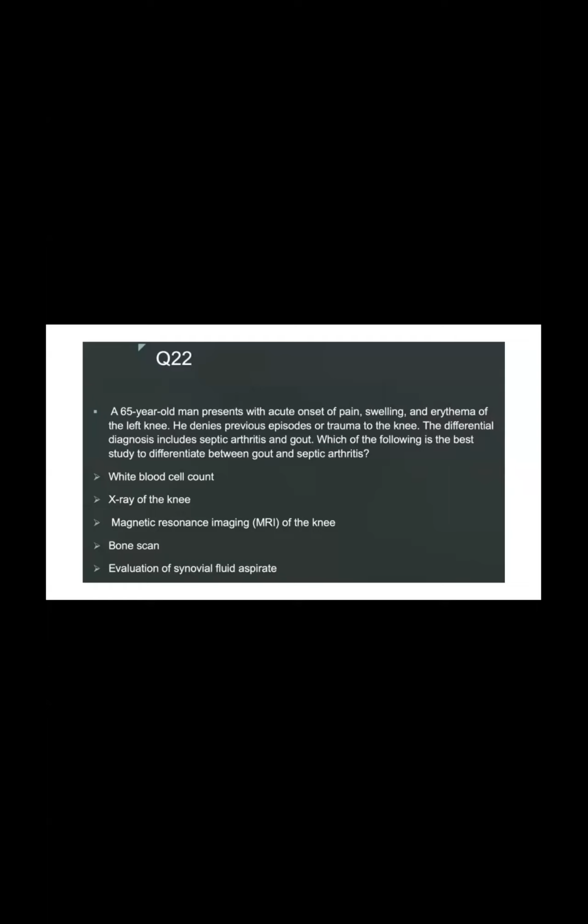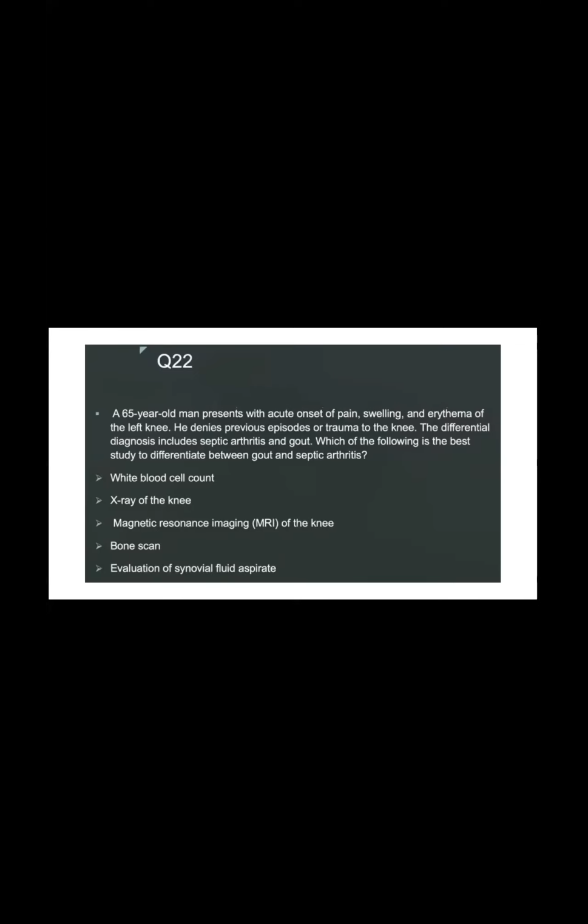White blood cell count, X-ray of the knee, MRI, bone scan, evaluation of the synovial fluid aspirate. Ma'am, I think it's the last option, evaluation of synovial fluid aspirate. Yes, the answer is the last option. Thank you, doctor. So this way you have to understand the question pattern.